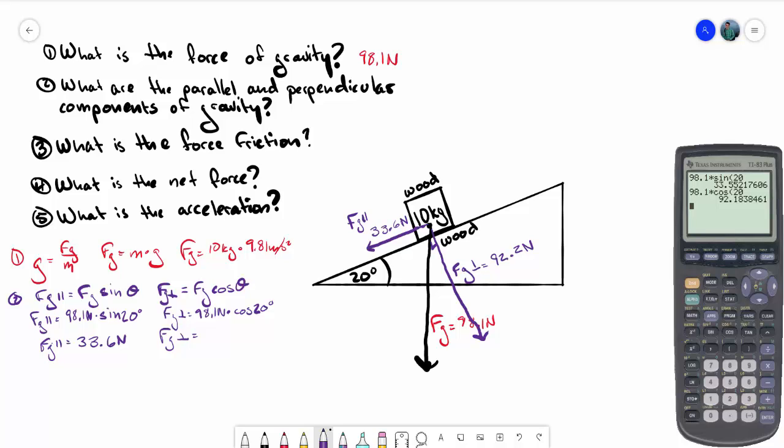If this read 92 newtons, that's almost the entire force of gravity. For a very small incline, that is quite a large number. I would want to recheck that response. Okay, so let's take a look at the next part of our question.